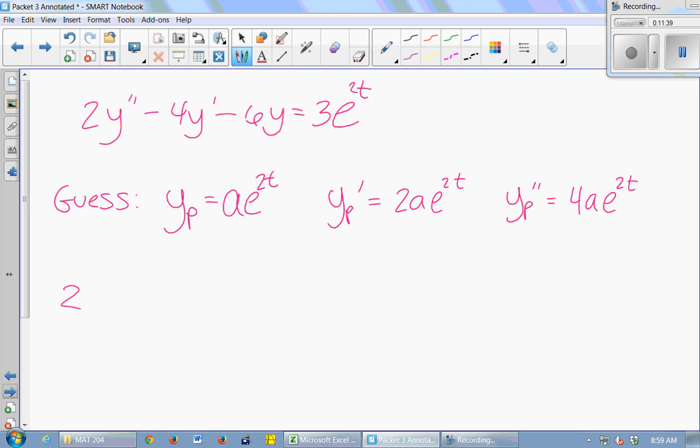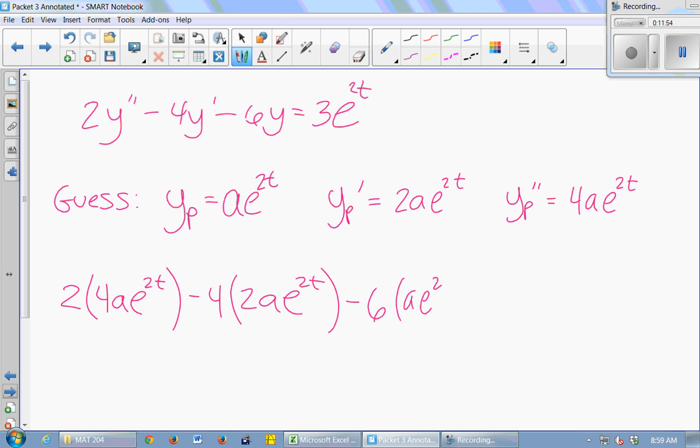So I've got 2 times y double prime, which is 4a e to the 2t, minus 4 times y prime, which is 2a e to the 2t, minus 6 times y, which is a e to the 2t. And I have to choose my a so that this all adds up to 3e to the 2t.